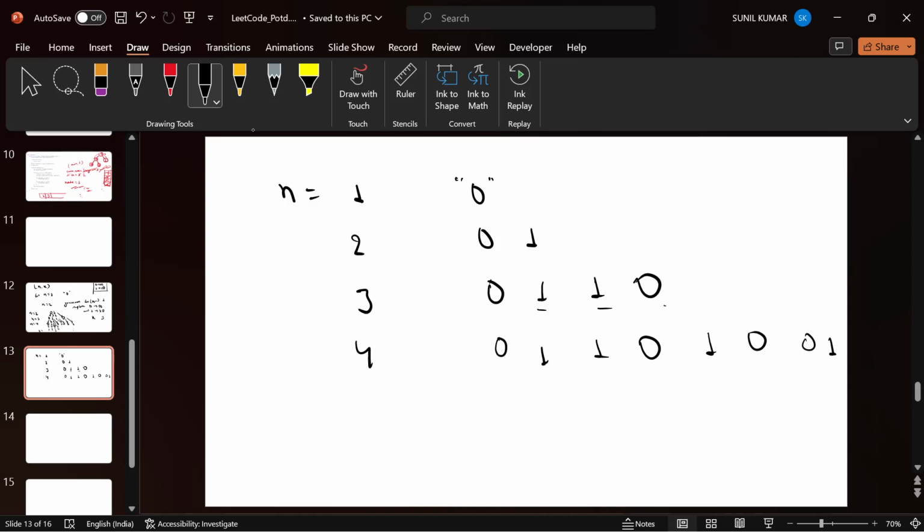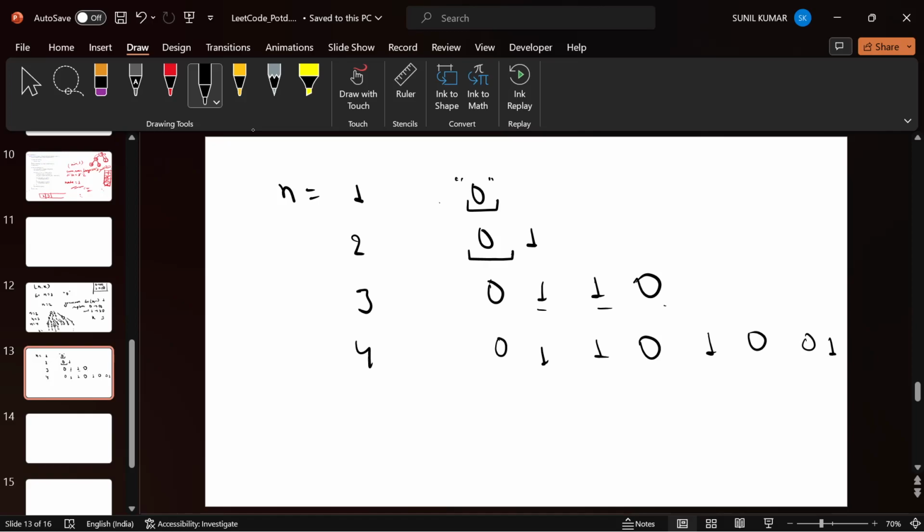From here, you can observe one thing. What is that? You can observe that the first half of the string is simply a copy of n minus 1. Here n equals 2, the first half of the string is just a copy of n minus 1.